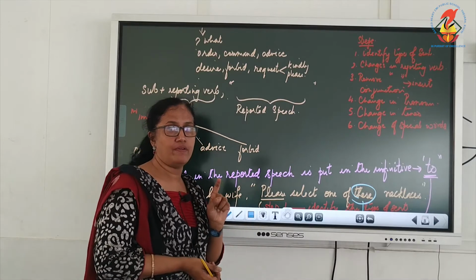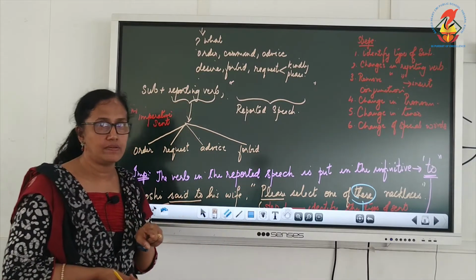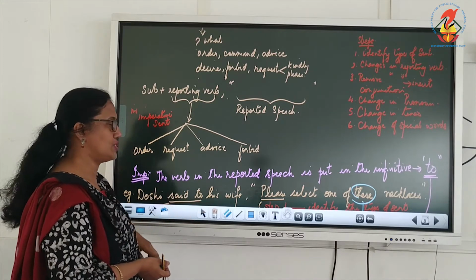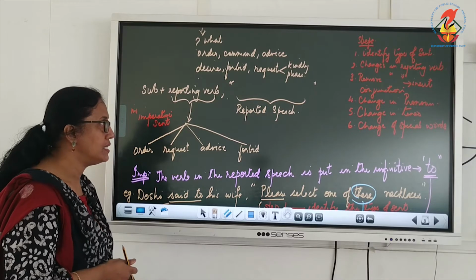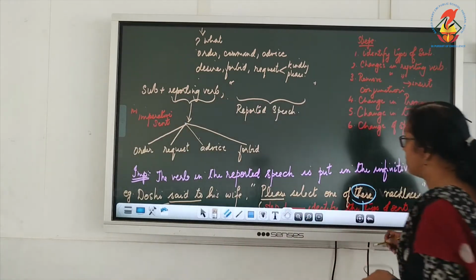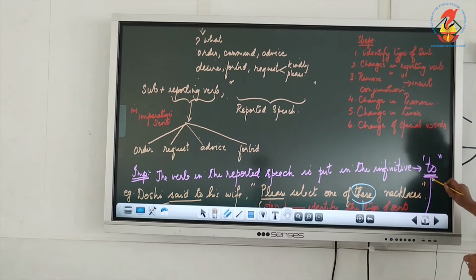But remember, for conversion of sentences on the imperative side, we will not be using the conjunction that. Here we will be using the infinitive word to, along with the next few words to convert it into the indirect sentence.